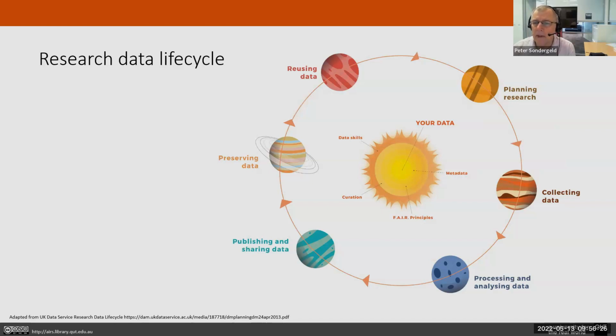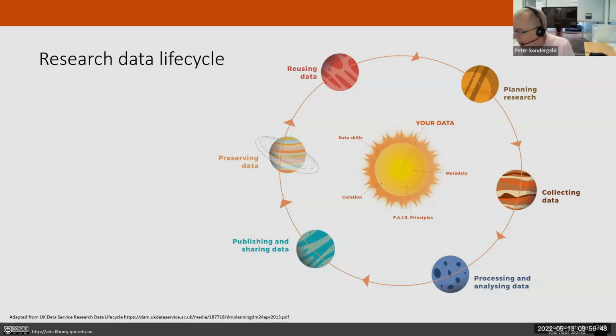And you'll see in the diagram too, in the center of the image is where your data sits. So you've got your data, there's some metadata to describe it. You need to address the principles of FAIR, F-A-I-R, curation, so storage and backup, and any associated skills you might need to manage your data.